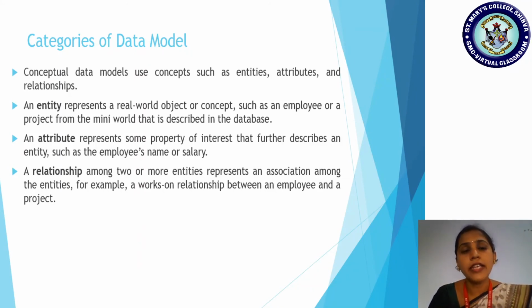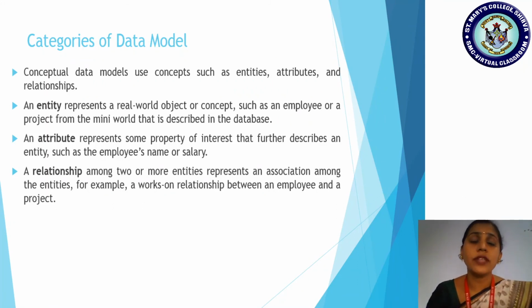Okay, and relationship. A relationship among two or more entities represents an association among the entities. For example, a works-on relationship between an employee and a project. Before that, in our first chapter we discussed student and grade report. So there is a relationship between the student entity and the grade report.